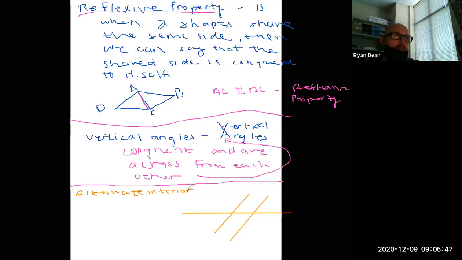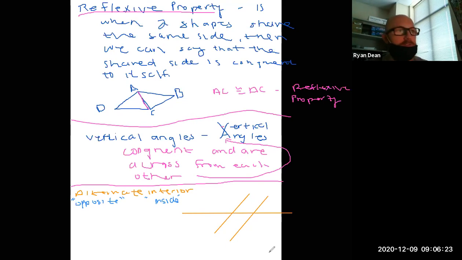Alternate interior angles, okay, the word itself breaks down the definition. Alternate means opposite, and interior means on the inside. So we have angles that are on opposite sides, and they are on the inside.